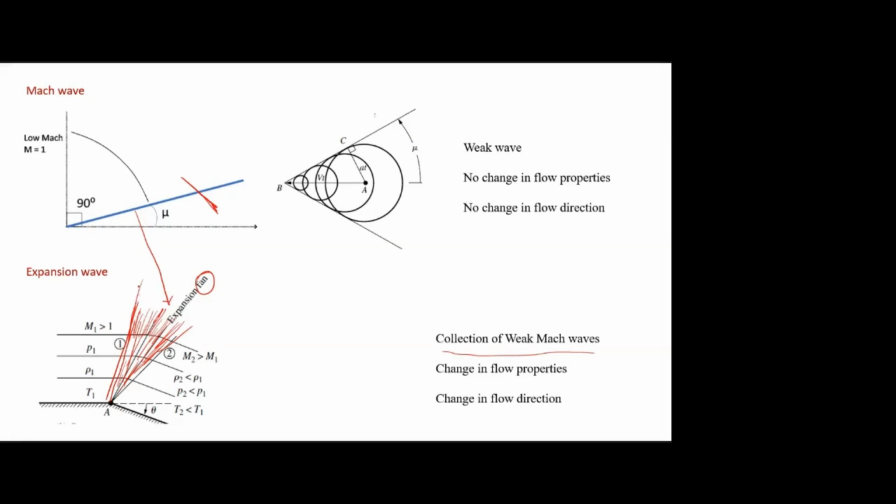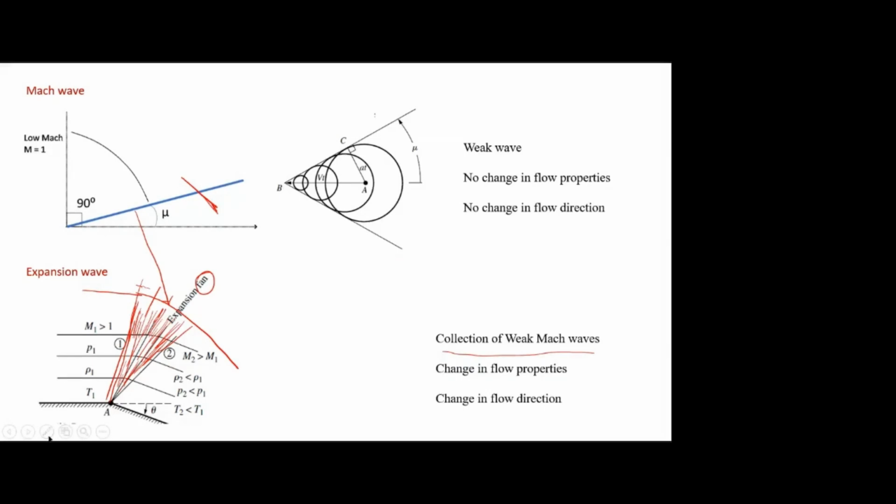So each changes the flow property to the minute level. So as a bunch, there will be a noticeable change in flow direction and properties. Okay, as a single wave, the changes are not noticeable, but as a bunch, it changes the flow direction, also the flow property.